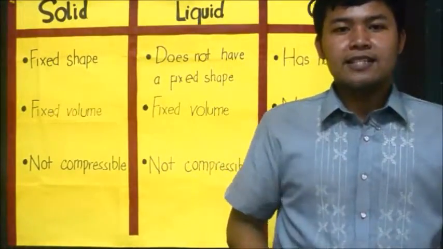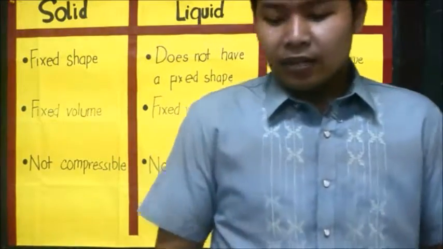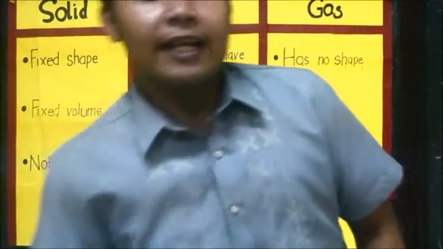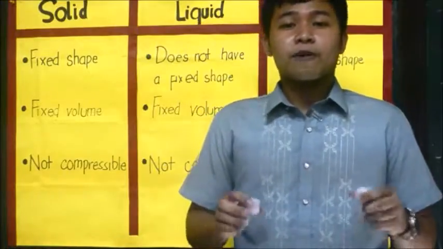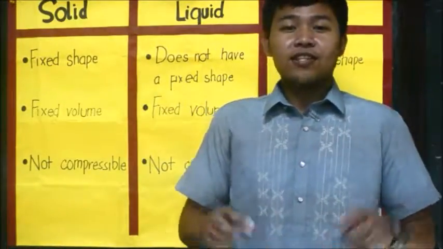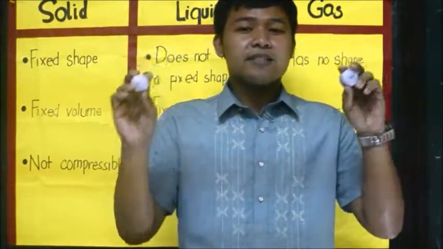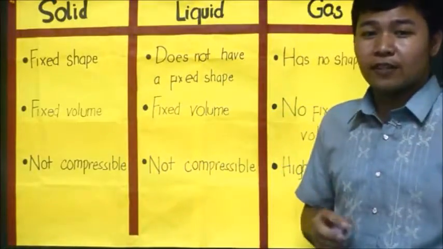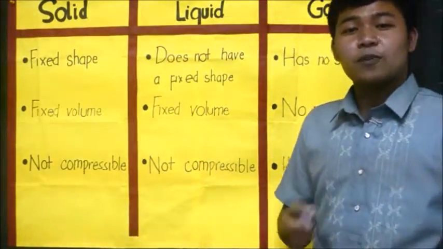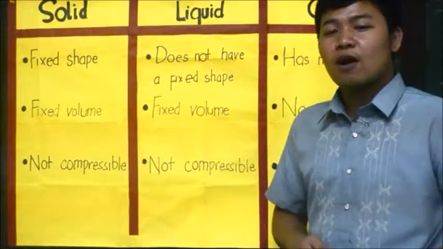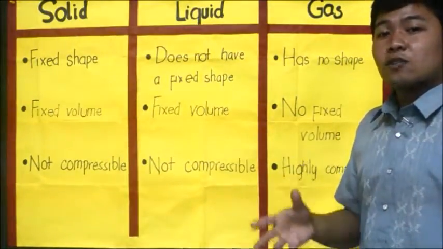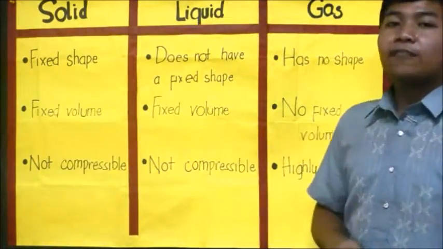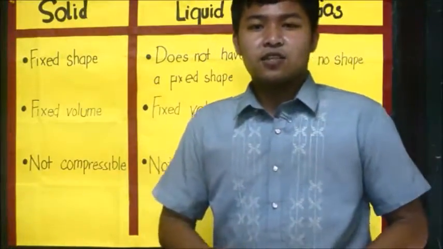And the last one is the gas. The particles of the gas are very far away from each other. As a result, gases have neither definite shape nor definite volume and are highly compressible because of the huge amount of space or volume of the gases.